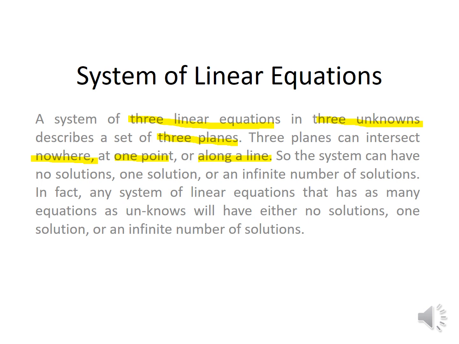So the system can have no solutions, one solution, or an infinite number of solutions. In fact, any system of linear equations that has as many equations as unknowns will have either no solutions, one solution, or an infinite number of solutions.